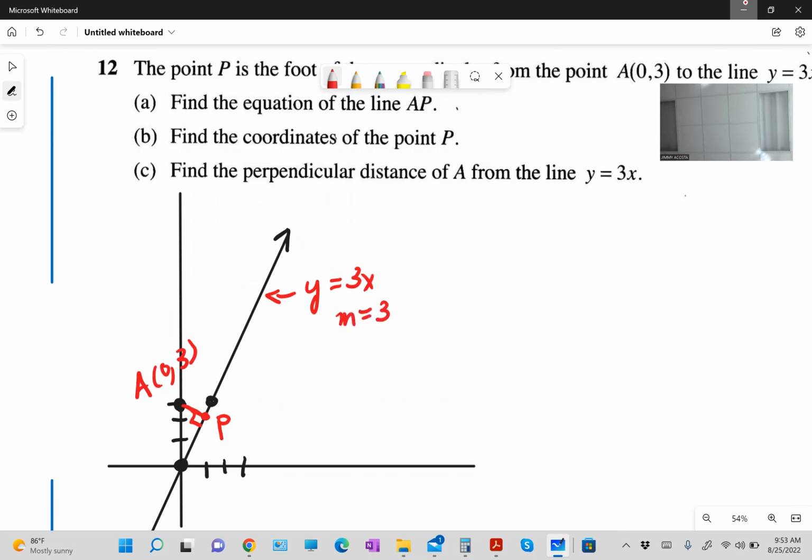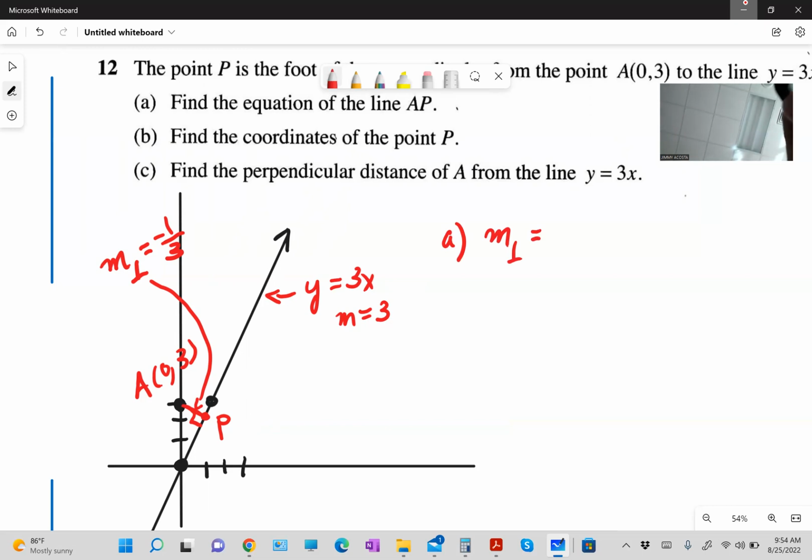Can somebody tell me what would be the slope of that perpendicular line? Yes, it would be negative 1/3. Now, can I form an equation of the line AP? Yes, you can. You don't need P.